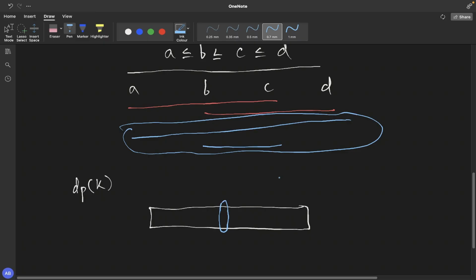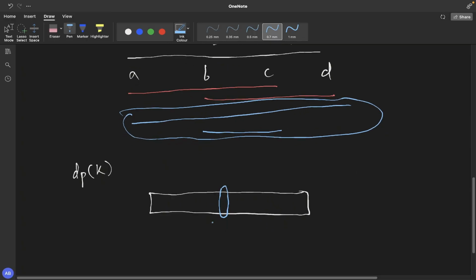Instead of linearly computing dp of k1, dp of k2, dp of k3, I'm going to compute dp of k mid, where L is equal to 1 and R is equal to n, where n is basically the location of the last element of the array, or the size of the array. So I'm first going to compute dp of k comma mid. And I can do that simply by looping over the left values here, because I'll obviously not loop over the values to the right, since I need to split it only to the left.